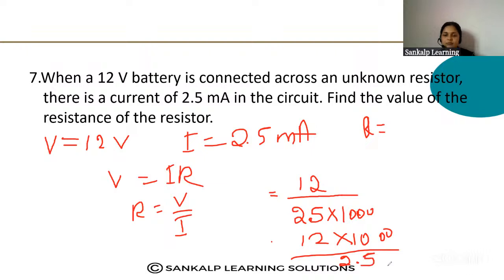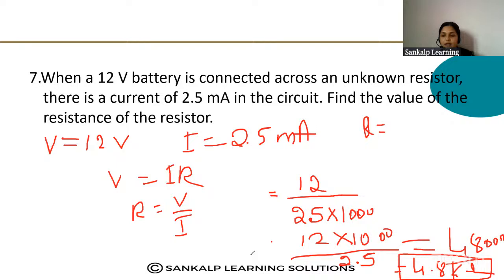Can you solve this? 12,000 divided by 2.5 is equal to 4800 ohm, which I will convert and write as 4.8 kilo ohm. So this is the correct answer for this question.